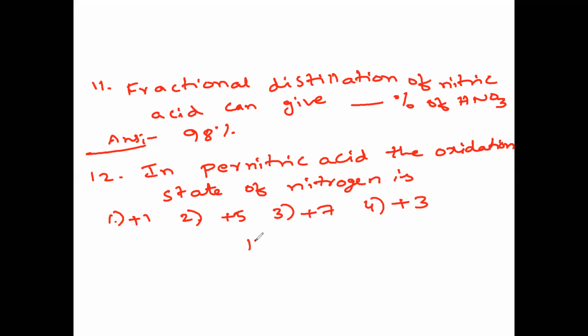The formula of pernitric acid is HNO4, so the oxidation state is plus 5. Next question.